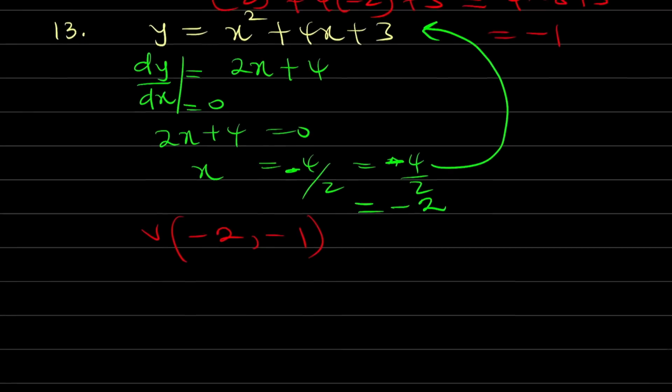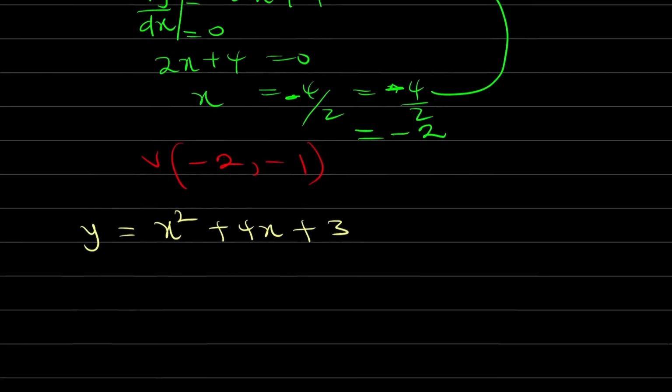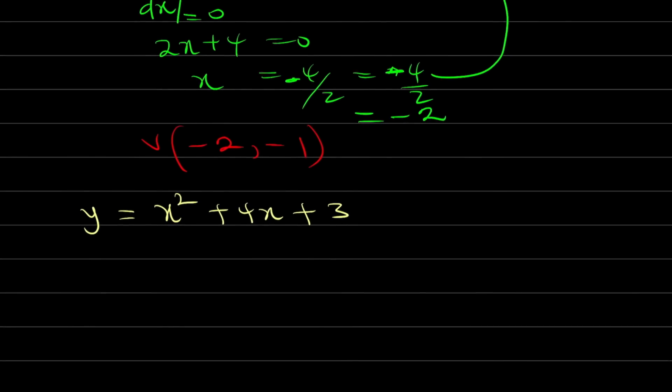Another way to look at it will be to complete the square for the given equation. So we have x squared plus 4x plus 3 equals to y. So this means that if I introduce a bracket for the first two terms in this expression on the right, I am trying to complete the square.